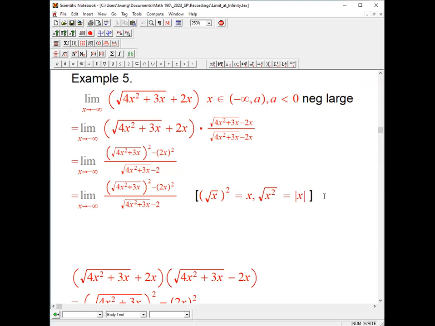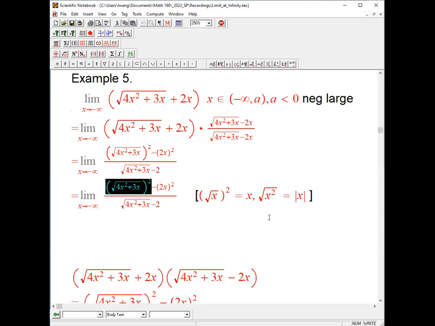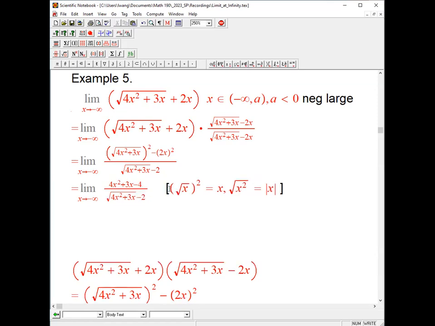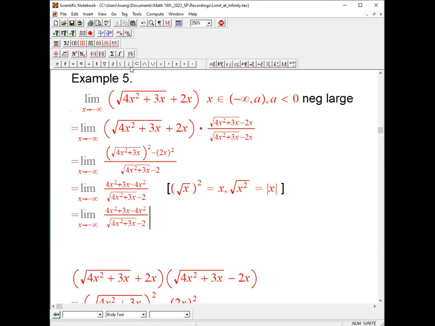If you still have questions, please don't hesitate to ask me. Now this piece applies to that, so 4x squared plus 3x. That's what we got from here. And 2x squared is 4x squared. Next, 4x squared and 4x squared cancel, so we only have 3x left.